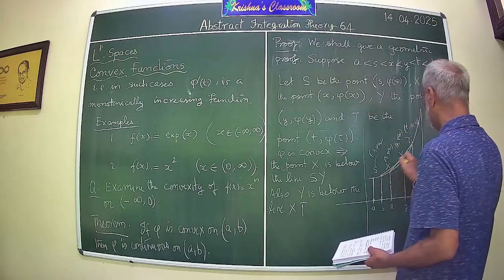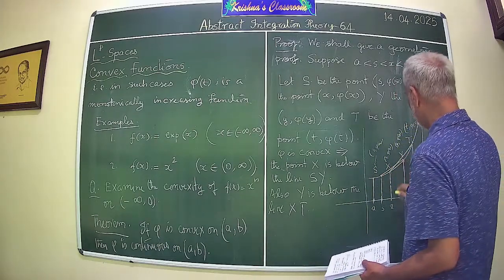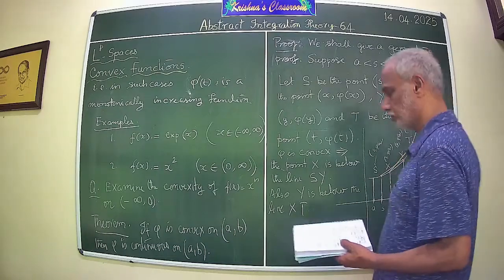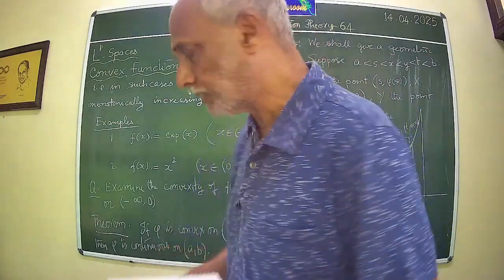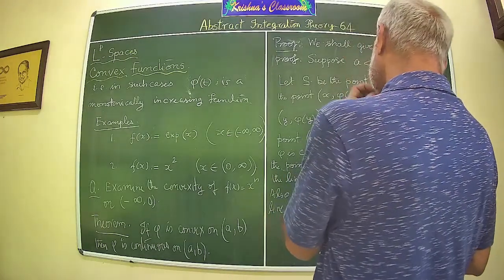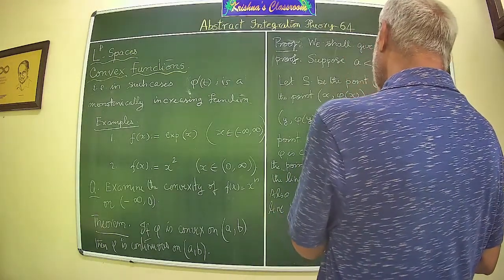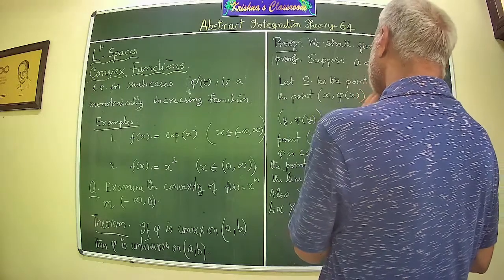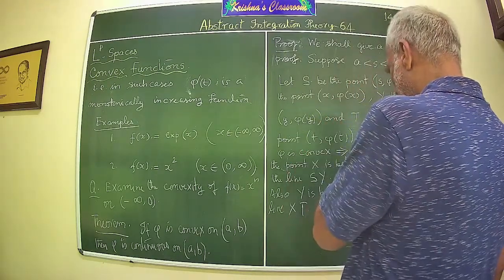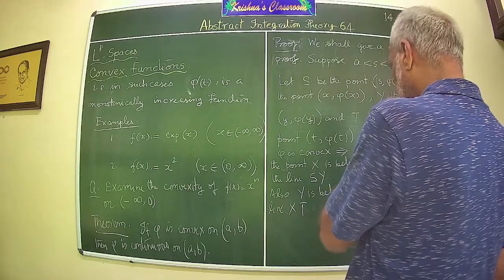X is below the line SY, and Y is below the line XT. These are the geometric inferences from the definition of convexity.